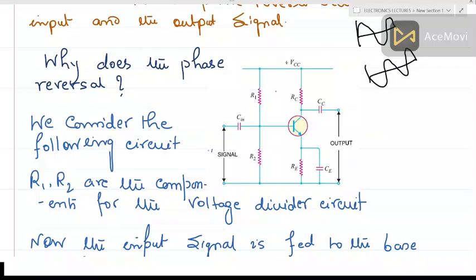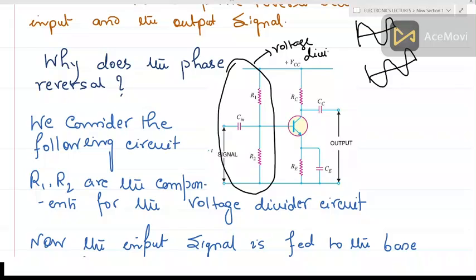Now, how does the phase reversal occur? So this is a circuit diagram, and at this stage, I think you are able to understand it: this one is the biasing circuit with the voltage divider bias. I have explained voltage divider bias in the previous lecture.